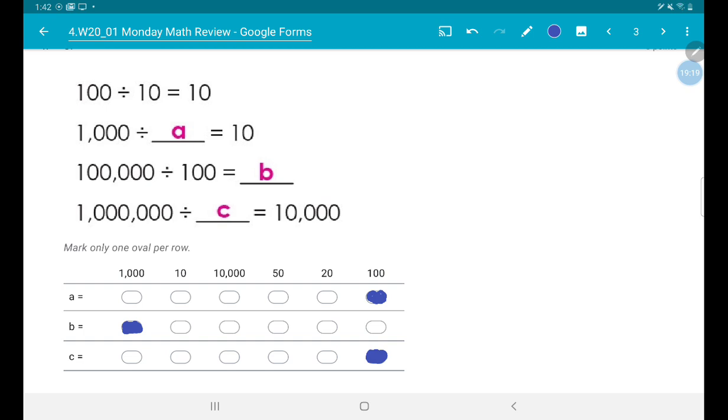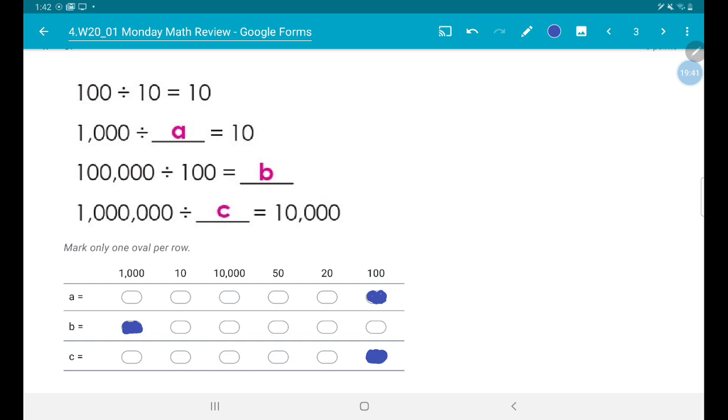1. Alright, now we got to figure out these zeros. I have 6 zeros. On the other side of the equal sign, I have 4 zeros. So if I take 4 of those away over here, that leaves me with 2. So C equals 100.